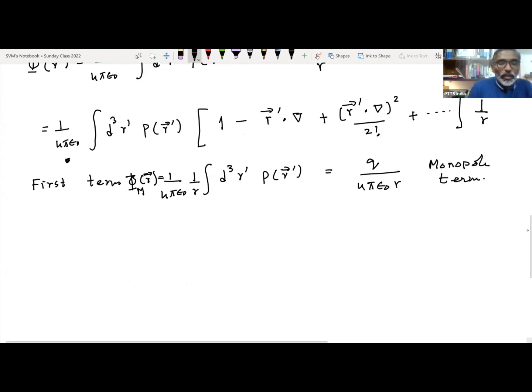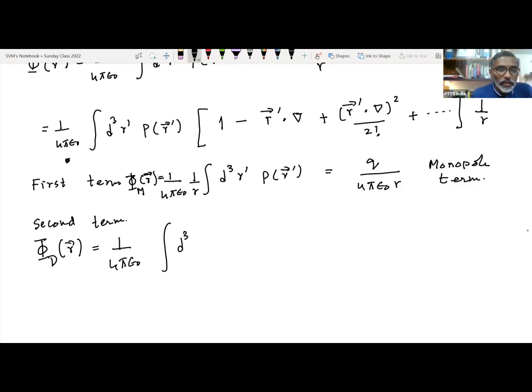Okay, now let's look at the second term. As you know where I am heading, I would call it phi d of r. D stands for dipole. So 1 by 4 pi epsilon naught integral d3 r prime rho of r prime.